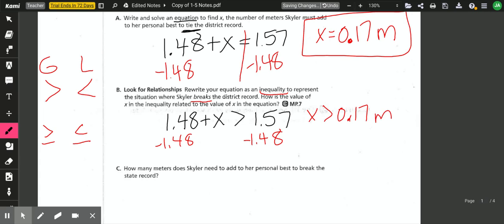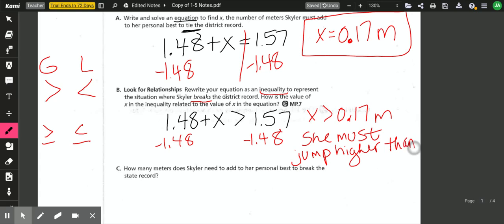That means that she has to jump higher than that. Okay, so she must jump higher than that. Otherwise, tying is not the same thing as breaking the record. So she has to jump quite significantly higher.